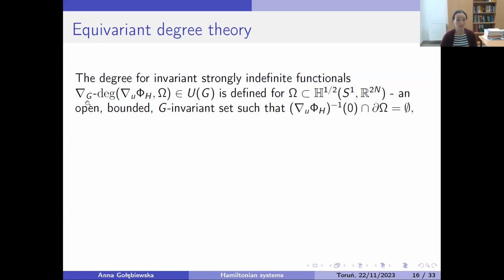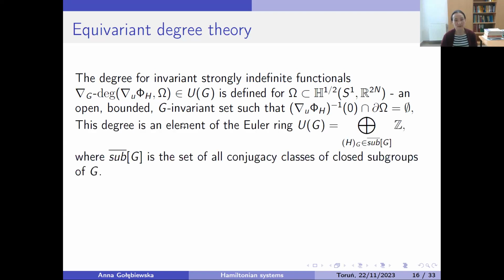This degree will be denoted by such a symbol. So gradient indicates here that we consider only gradient maps, G that we have invariance, and we compute it for the gradient of phi on H for some subset omega, and this degree is an element of the so-called Euler ring.